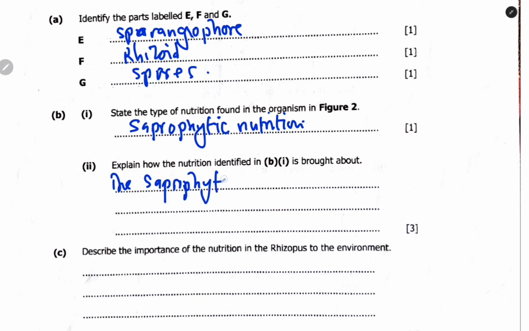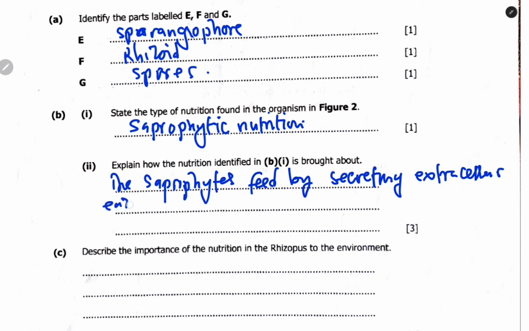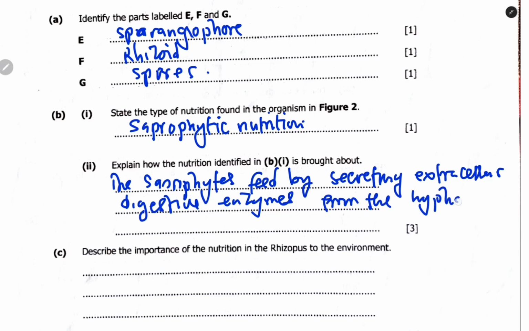So we can say saprophytes feed by secreting extracellular digestive enzymes from the hypha or rhizoid, then full stop.